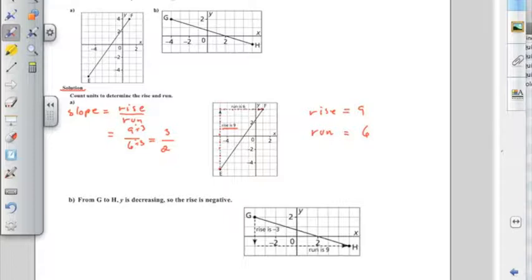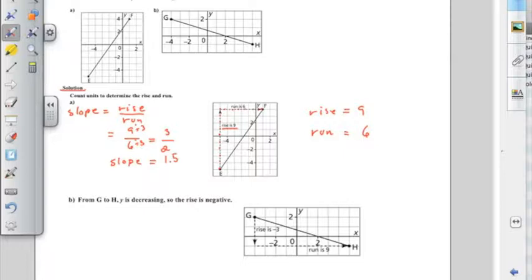And so 3/2 is a perfectly acceptable way of leaving a slope. If you want, it can be expressed as a decimal by taking the 3 and dividing it by 2, and you get 1.5. So that line segment, EF, has a slope equal to 3/2 or 1.5. We don't tend to leave our slopes as 9 over 6. Okay, if something can be reduced, we do reduce it.